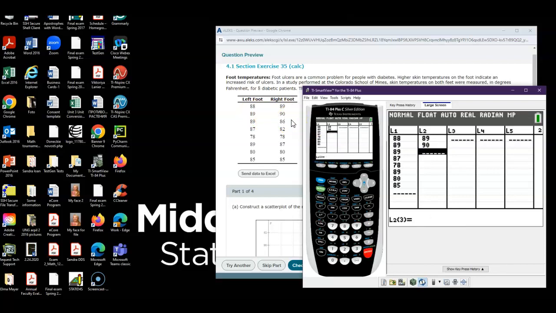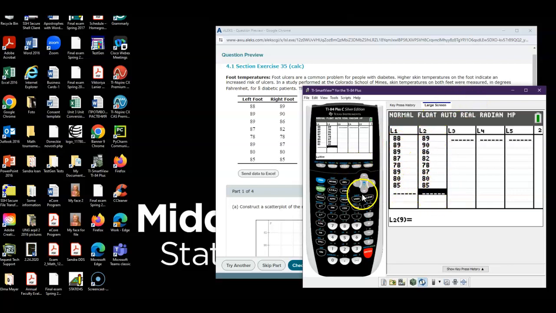Keep an eye on both columns in this table and periodically check your numbers in lists L1 and L2. Make sure that they match and the number of data points in each list must be the same.